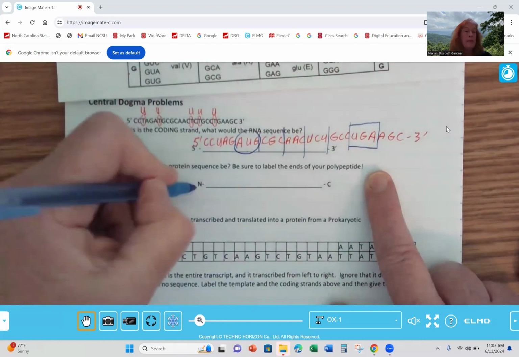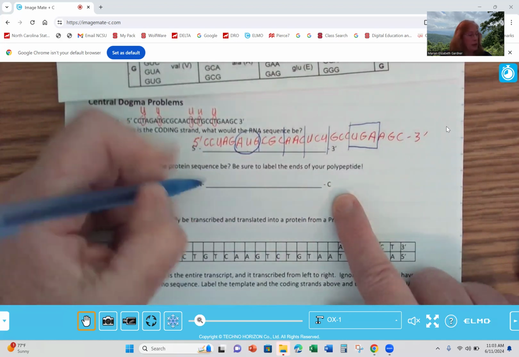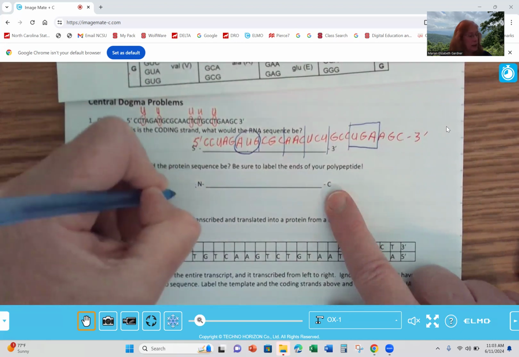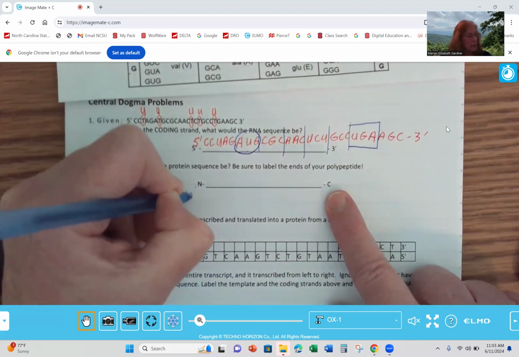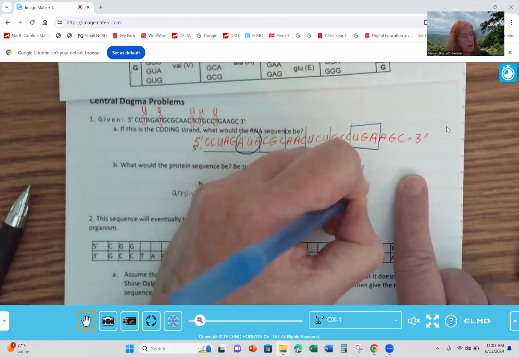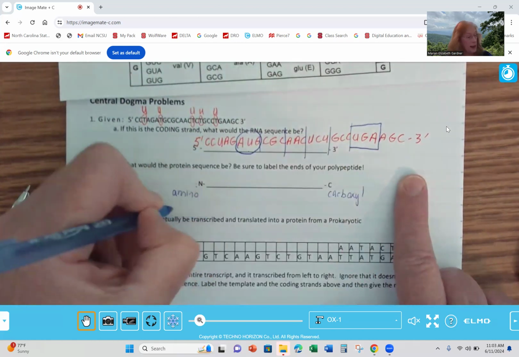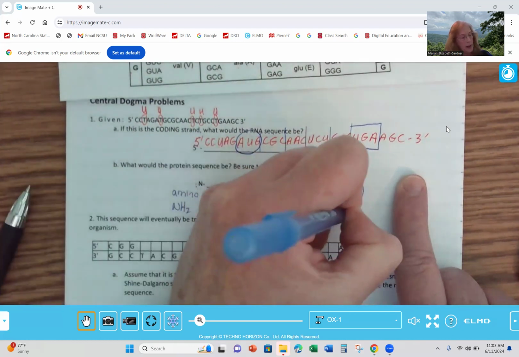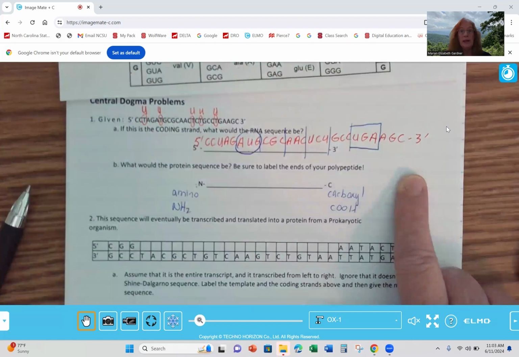Proteins are made from the amino end to the carboxyl. So you can think of this as the N terminus and the C terminus. You can think of it as amino and carboxyl. You can think of it as NH2 to COOH, and all of those are abbreviations that I've probably used at some point in your slides.